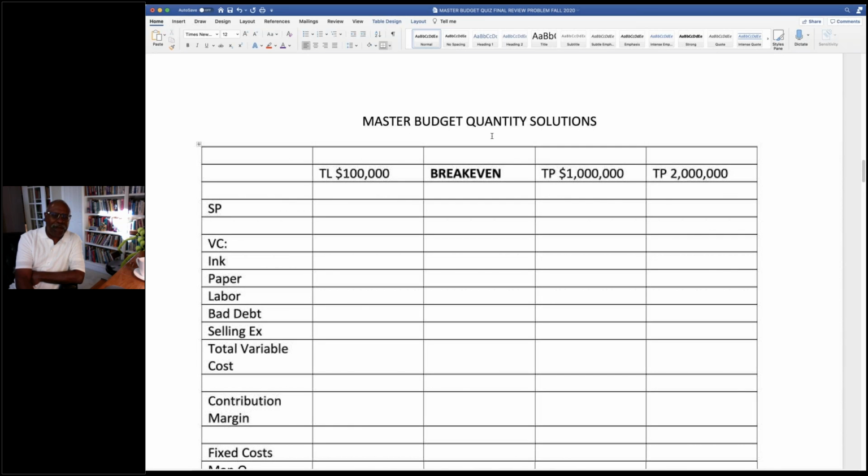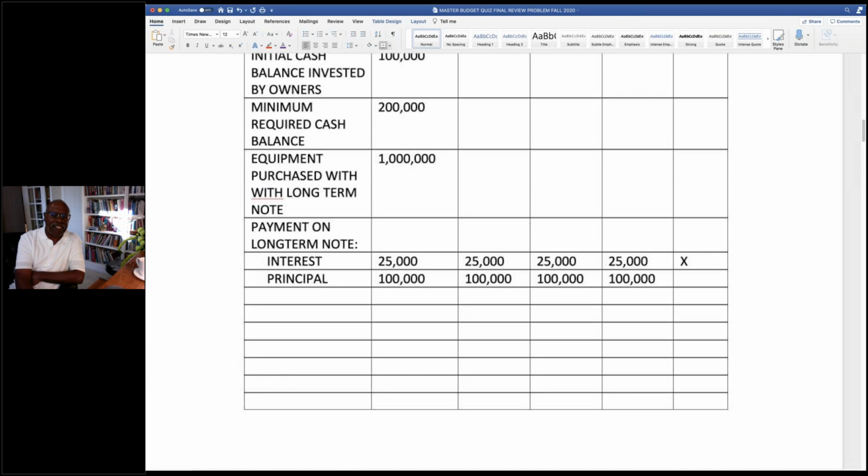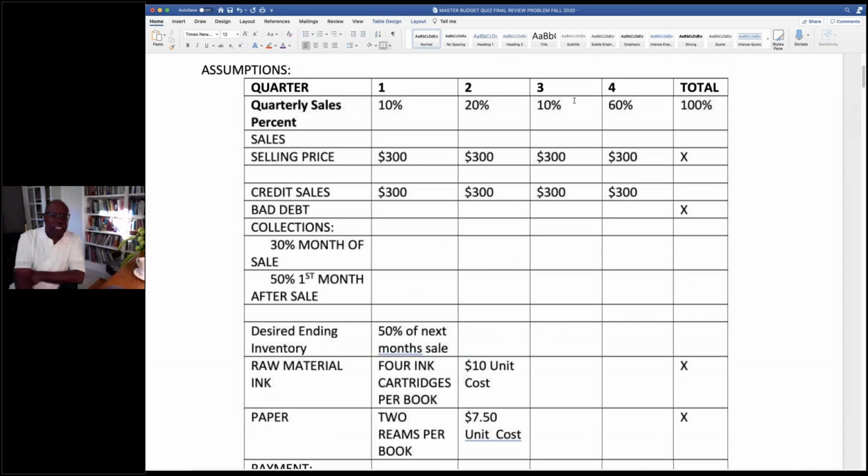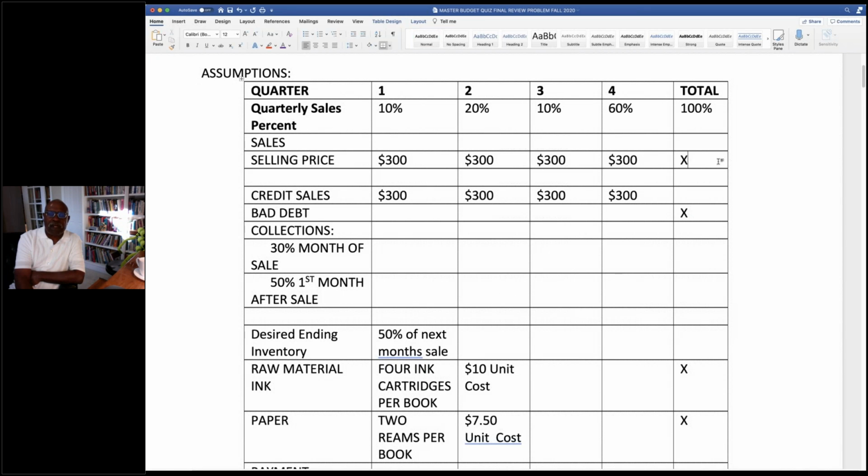All right, well, let's see if we can figure this out. Let's go back over here to our assumption sheet. Selling price should be pretty easy. What's going to go here? 300. And bad debts, 20%.